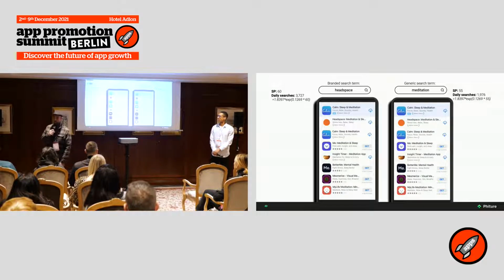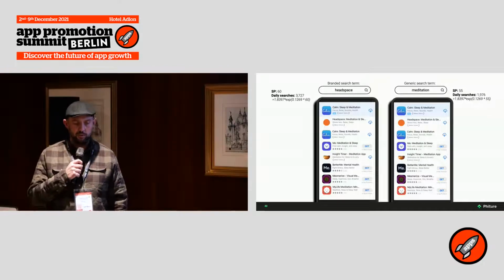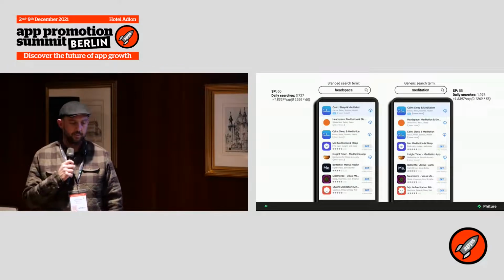And then if we combine that with those conversion curves, with the search popularity scores and the number of impressions that we're estimating on a specific search term, then we can really look at the number of installs that these keywords are driving.